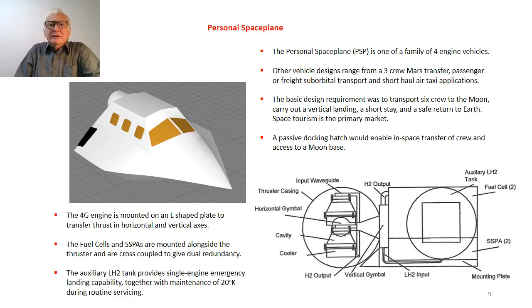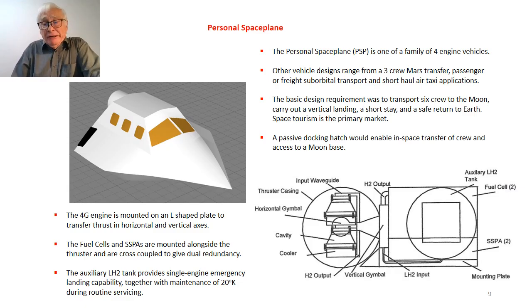Now, the family of vehicles range from a three crew Mars transfer vehicle through passenger or freight suborbital transport and short haul air taxi applications. But the original design requirement was to transport a crew of 6 to the moon, to carry out a vertical landing on the moon, followed by a short stay and a safe return to Earth. And the primary market for this vehicle was seen to be space tourism.